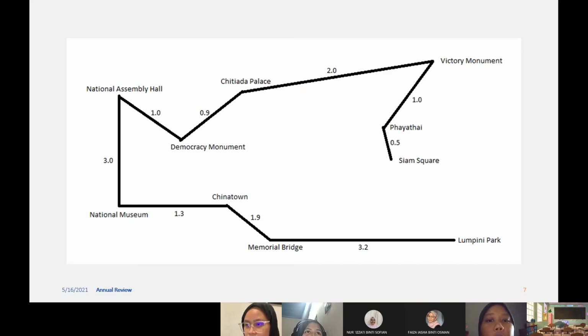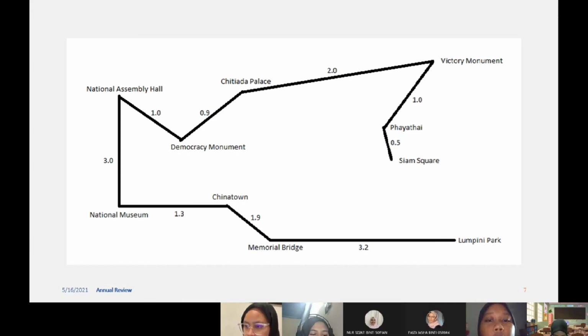Then we will take a look at the resulting map. This is the minimum spanning tree that we get from Prim's algorithm, which we already implemented.